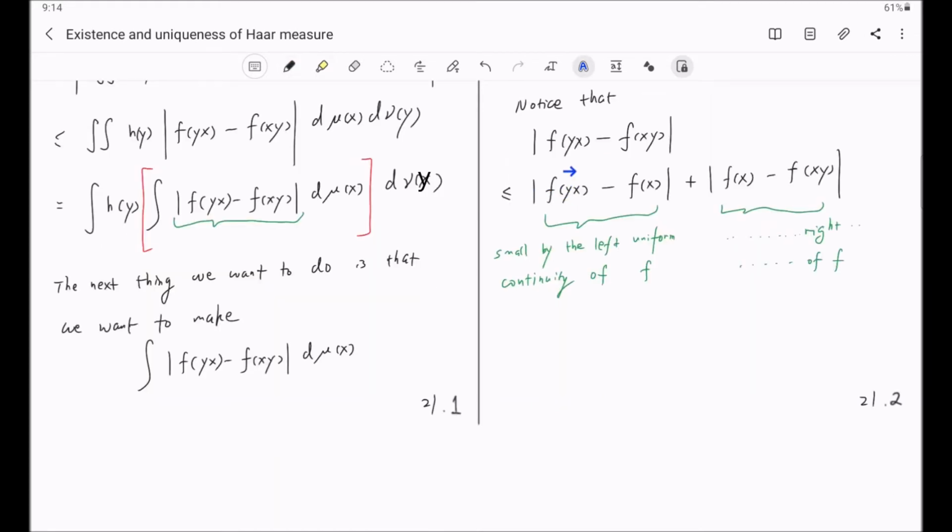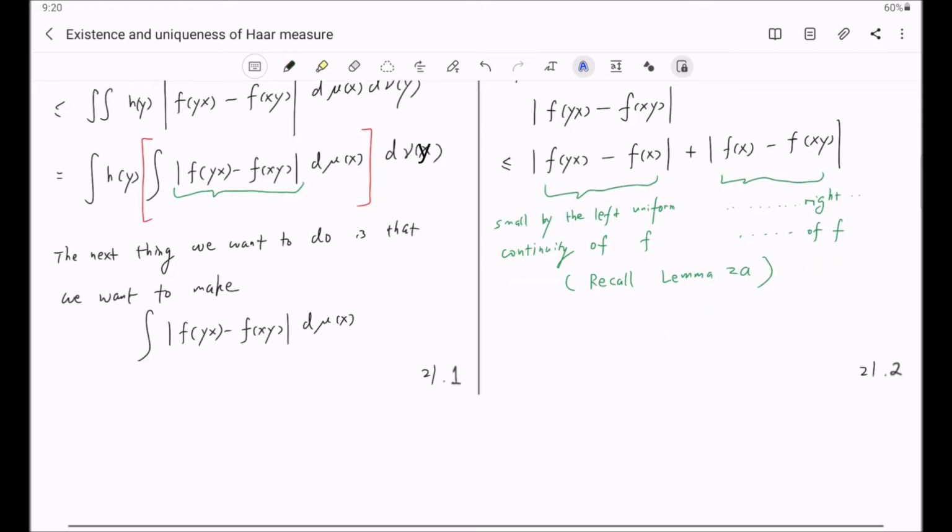Because f, remember, is in Cc plus of G. And by our lemma 2a, which states that any function in Cc(G) is also uniformly continuous. Now, thanks to our lemma 2a, we can do the following.